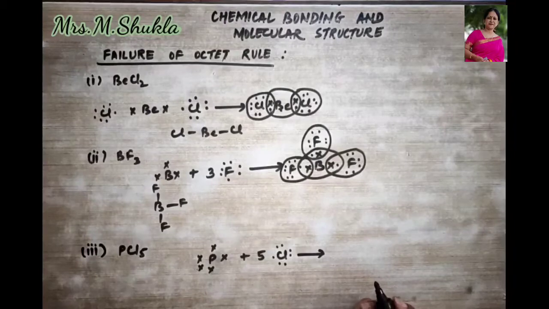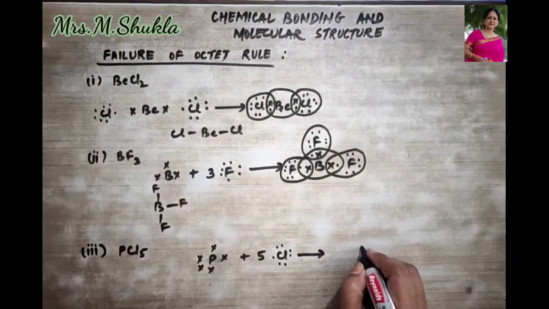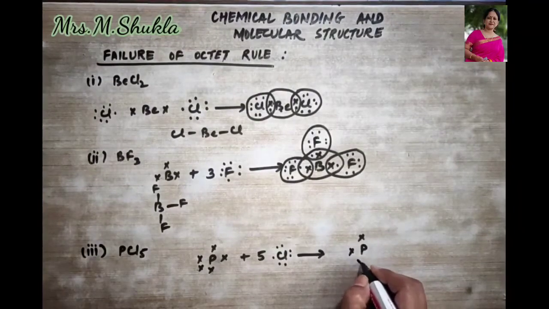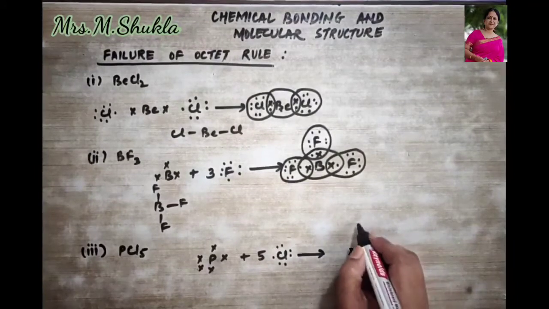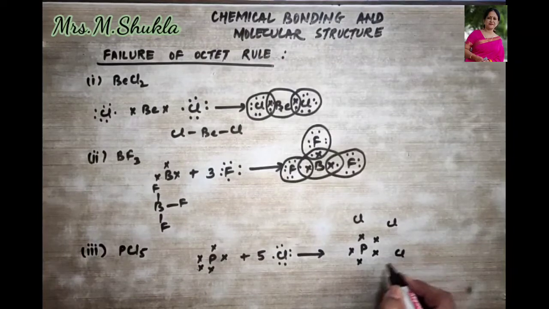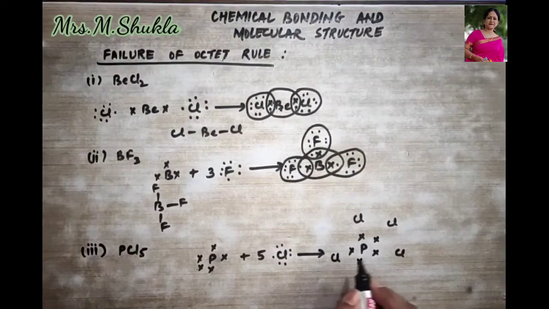Let us look at the structure that it is going to form. This is phosphorus with 5 chlorine atoms around it.